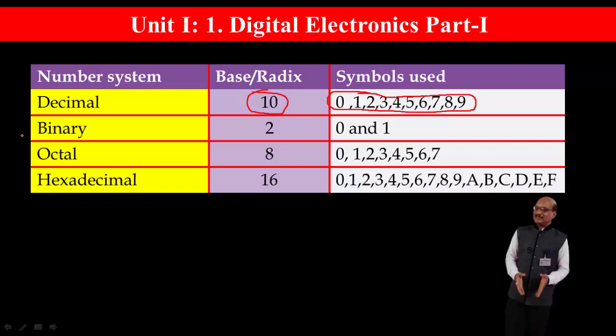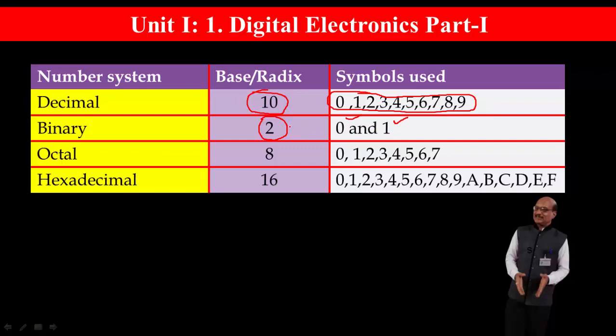9. In case of binary number system, we use only two symbols, and these two symbols are nothing but 0 and 1. So any number in binary number system is represented by using the group of or combination of 0 and 1 only.